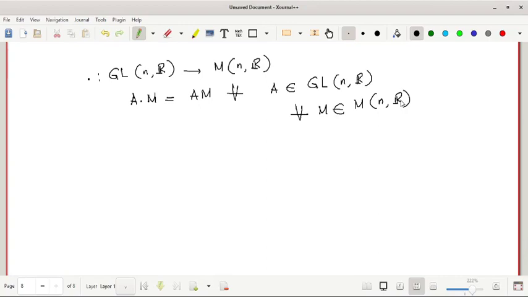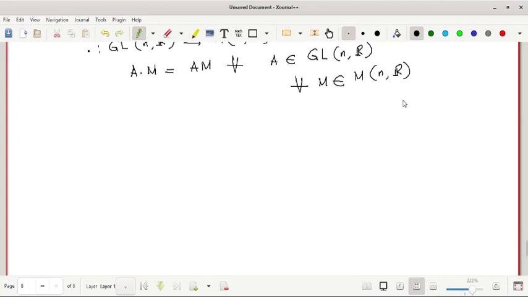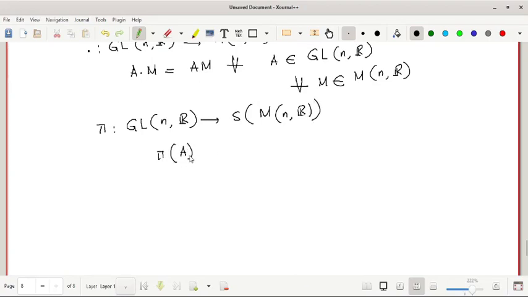Is it faithful? So what will be the homomorphism? The homomorphism will be defined from GLnR to S of MnR. How will it be defined? Pi of a matrix A is a permutation on MnR.